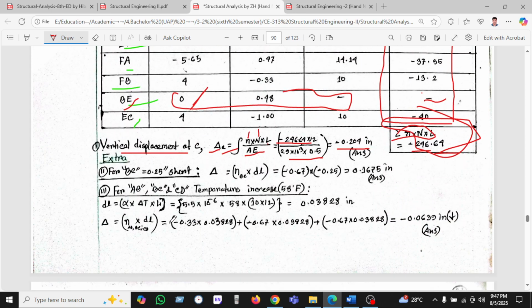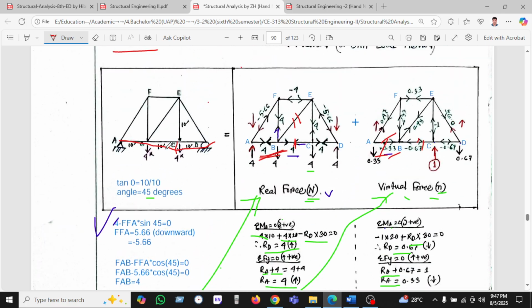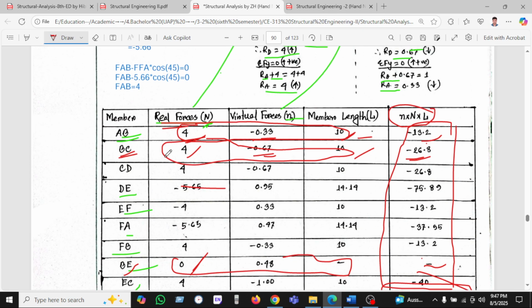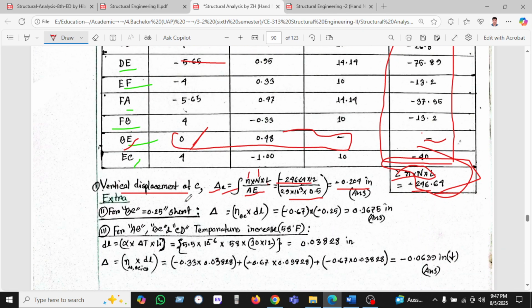And this is the extra case. If member BC is 0.25 inches short, what does that mean? Member BC is 10 feet. If the 10 feet member is not exact but is short by 0.25, then what will happen with the same load and the same conditions?